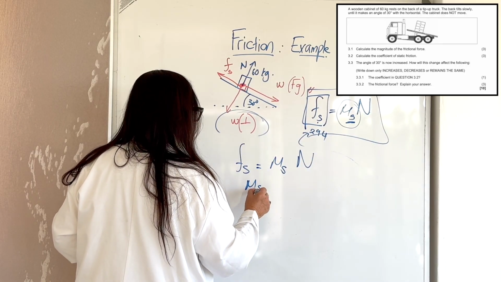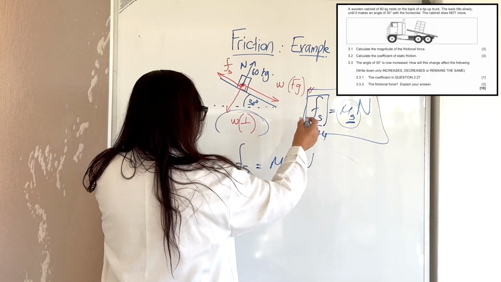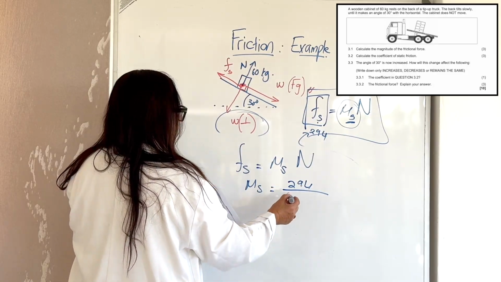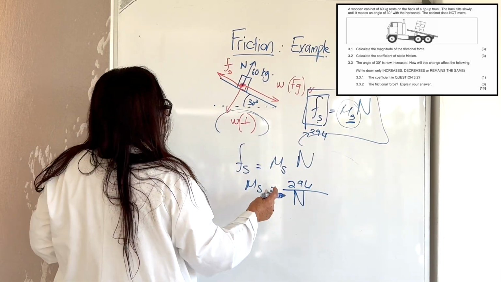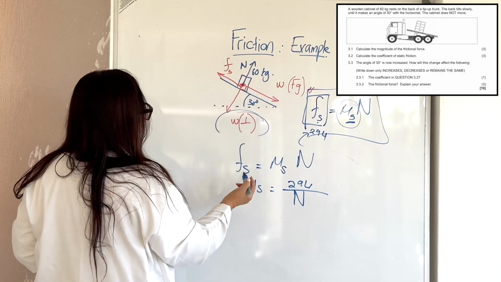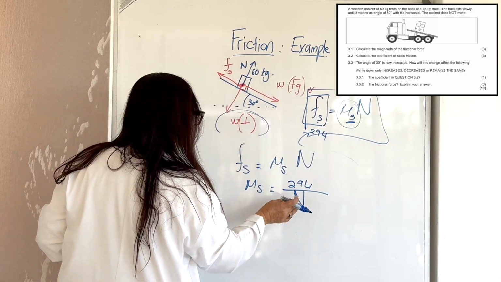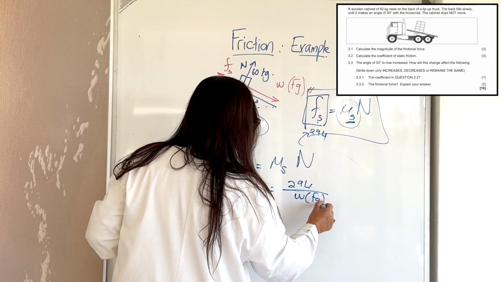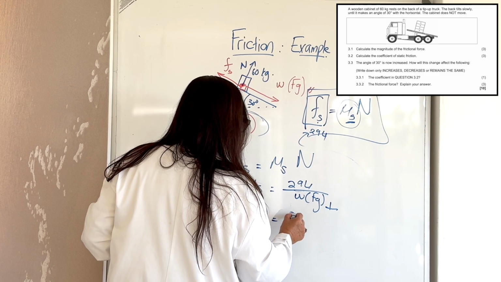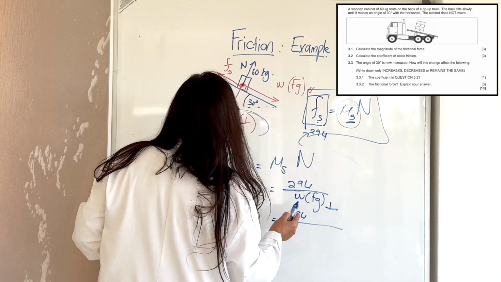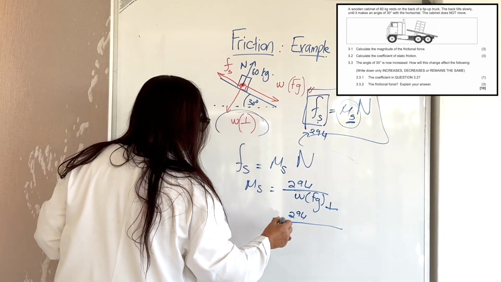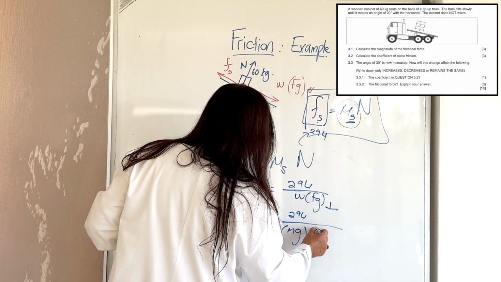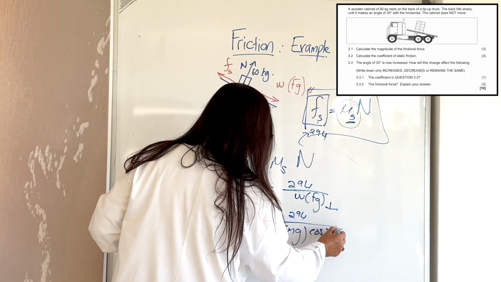So my coefficient equals my Fs, which is 294, divided by my normal force. Now, in the case of my normal force, we just said my normal force equals my weight, or Fg, gravitational force, perpendicular. So it's 294 divided by, that one again is my mg cos theta, in this case 30 degrees.